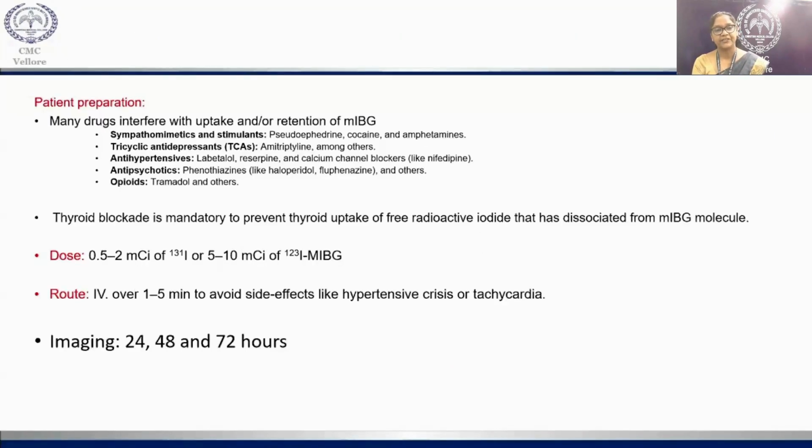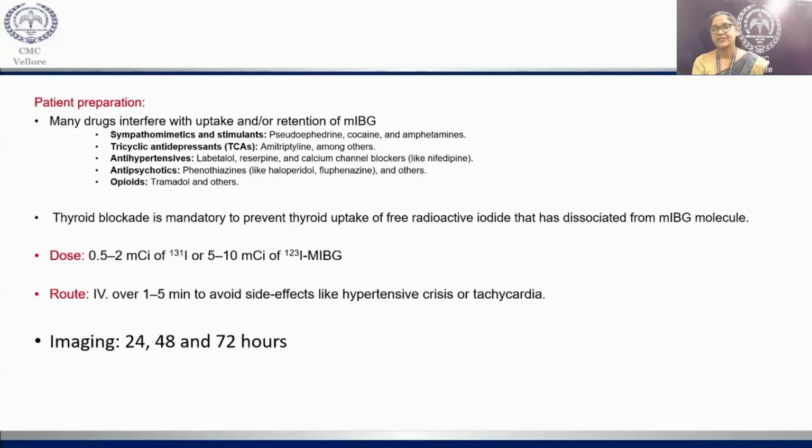So how do you prepare the patient? We must take into account that there are several drugs that interfere with uptake and or retention of MIBG. Thyroid blockade is mandatory to prevent thyroid uptake of free radioactive iodine that has dissociated from the MIBG molecule.